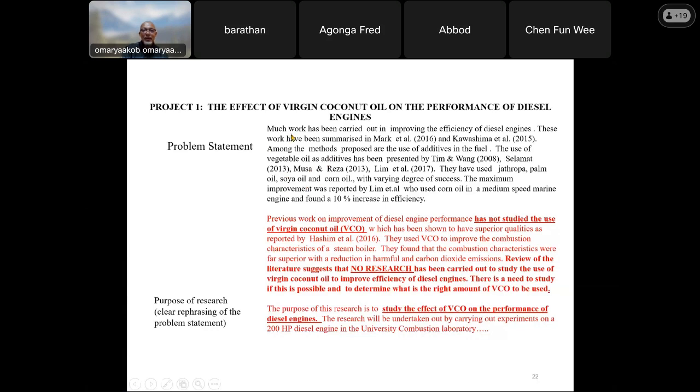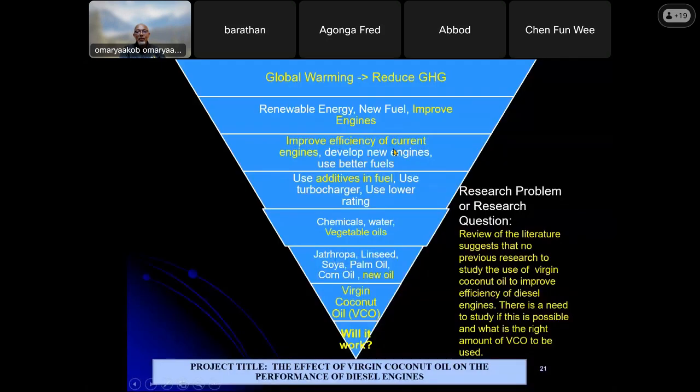Much work has been carried out in improving the efficiency of diesel engines. This work has been summarized by Mark and Kawashima. So that one is this one: how to improve the engine.